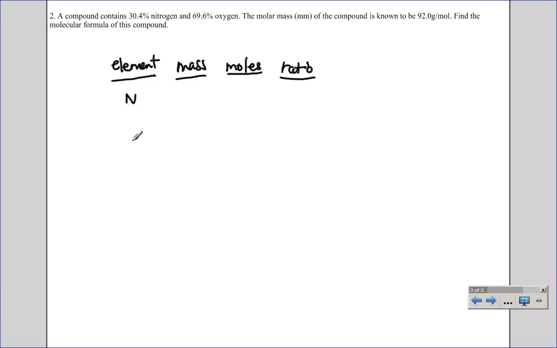We're dealing with nitrogen and oxygen. We're going to make our assumption here of 100 grams because we've been given a percentage composition. So it's easiest to work with 100 grams so that we've just got 30.4 and 69.6. We're then going to find the moles of each of these elements.